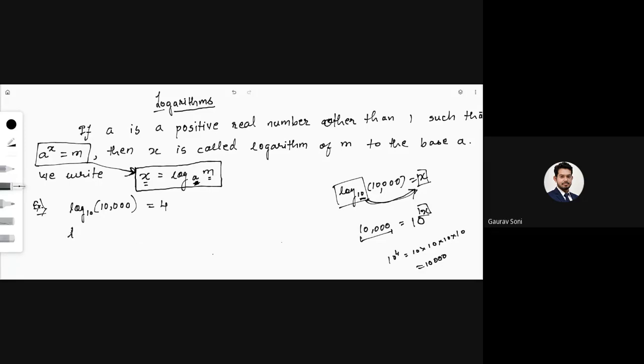Now if you have at least tried to understand this, then you can answer this.